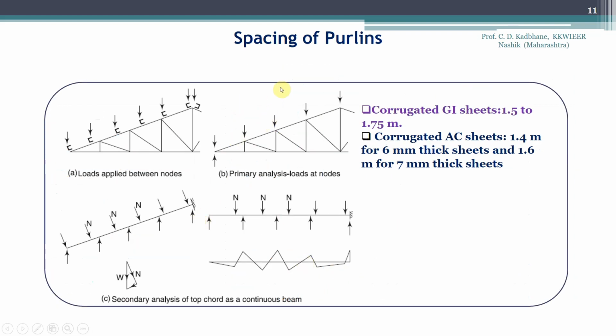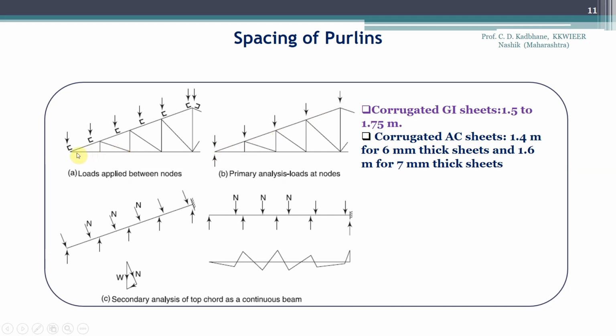Now, let us learn about the spacing of purlins. So actually, there are two ways of keeping the purlin on the top chord of a roof truss. We can keep all the purlins exactly at the joints of a roof truss so that there will be no bending moment in the top chord members. So whenever purlins are kept exactly at the joints of roof truss, only axial loads are produced in the top chord.